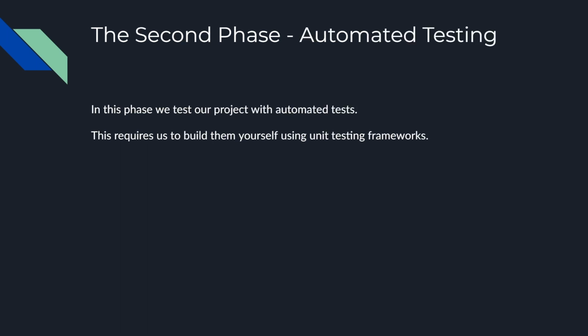So the second big phase is automated testing. In this phase, we are testing our project with automated tests. This will require us to build them ourselves using a unit test framework, and this can always indicate if something simple that worked before just broke. For instance, if you have a test that says, I'm going to run this algorithm, it's going to print out 42, and it prints out 43, then we know that there's something wrong with our algorithm.